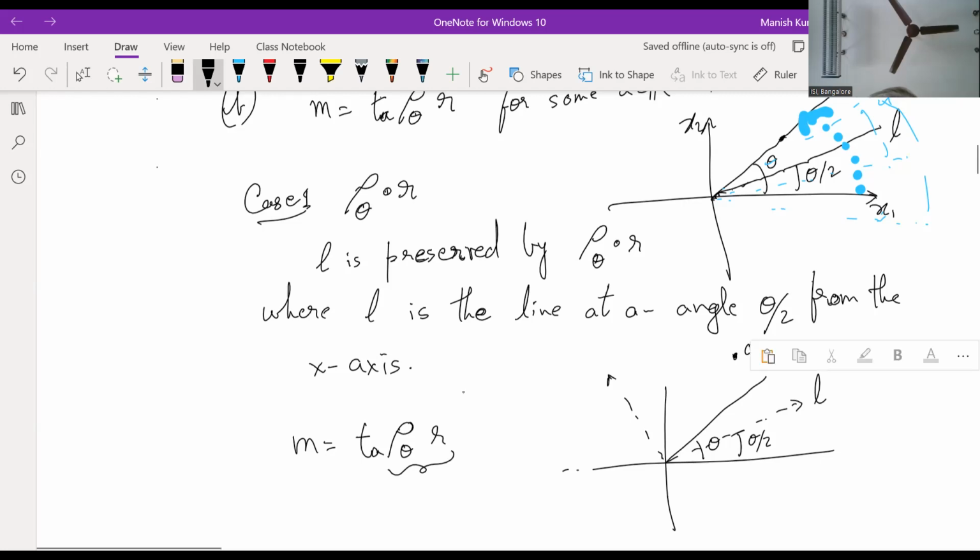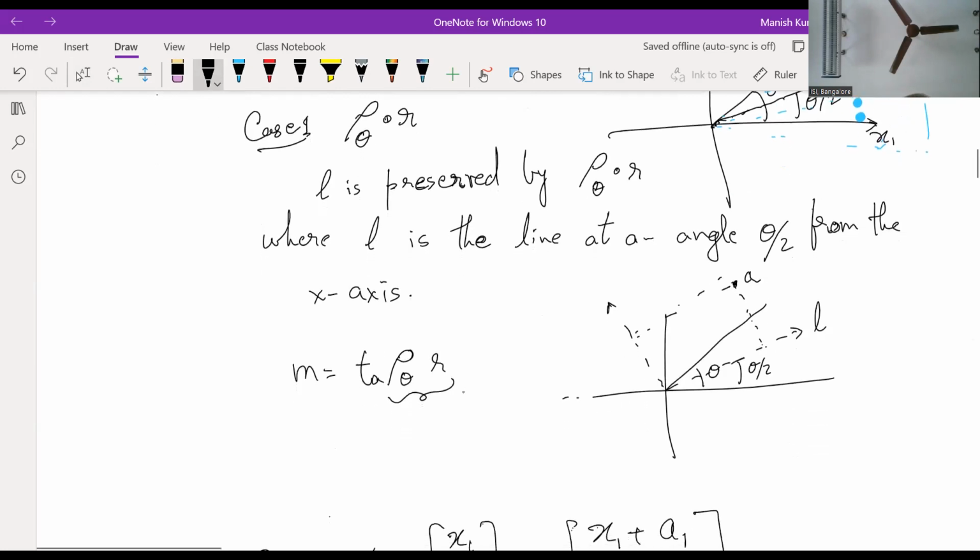Of course, the coordinates of A, which earlier were A1, A2 with respect to the old axes, would become something different. You'll have to measure this length and this length, and those will be the coordinates of A, but it doesn't matter. It will be some pair A1, A2. Anyway, we have to prove this for any A. So the value of the coordinates of A will change, but that's about it.